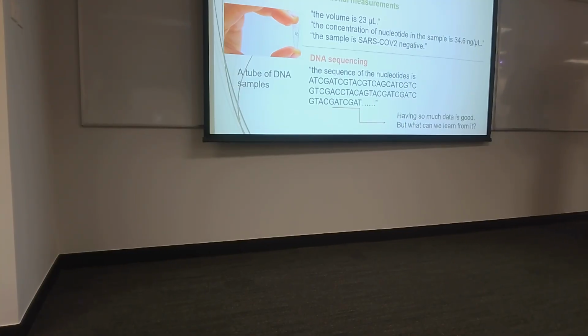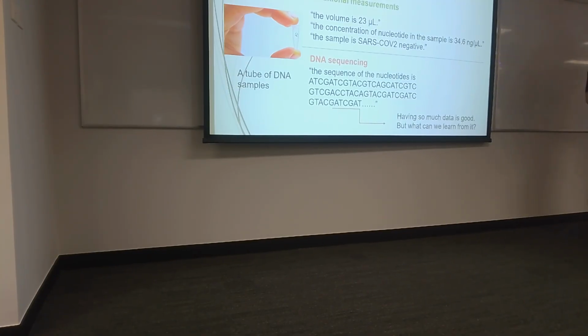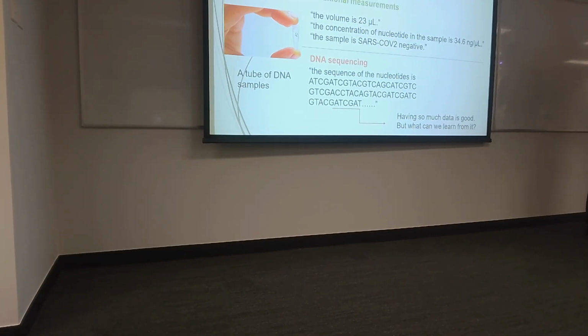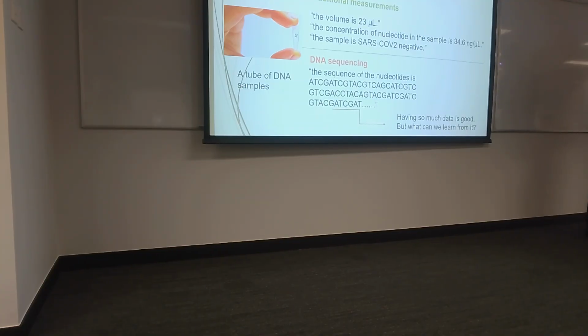More comprehensively, we can also talk about the concentration of the nucleotide in the sample. For very tiny samples, you could check what's the concentration of DNA or the concentration of RNA in the sample. It could be, for example, 34.6 nanogram per microliter, right?